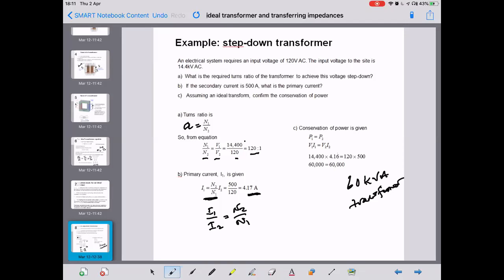Now when we analyze a real transformer, we bring the losses in. For the given nominal VA of the primary, we'd end up with slightly less volt amperes out of the secondary because of the losses. And that's what we'll develop over the coming weeks. Okay with that, everyone? Good.